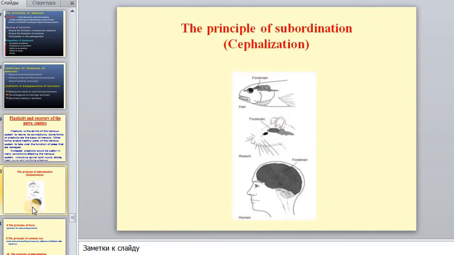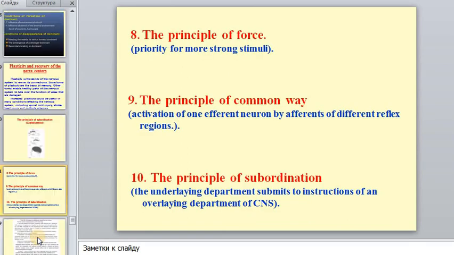And you have the next principle, the principle of subordination. There we have the highest level of subordination, the cortex of the brain. In the future we'll start to study the brain, and we will discuss this function of nerve centers, and a little bit more about principles of force and principles of common way.